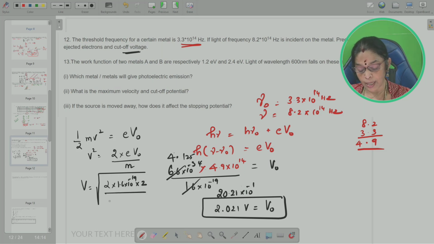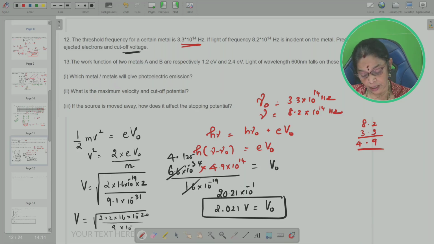Mass of the electron is 9.1 into 10 power minus 31. Substituting approximately, 2 into 2 into 1.6 is about 16 into 10 power minus 18, minus 20, divided by 9 into 10 power minus 31. So I can even write this as 90 into 10 power minus 32.